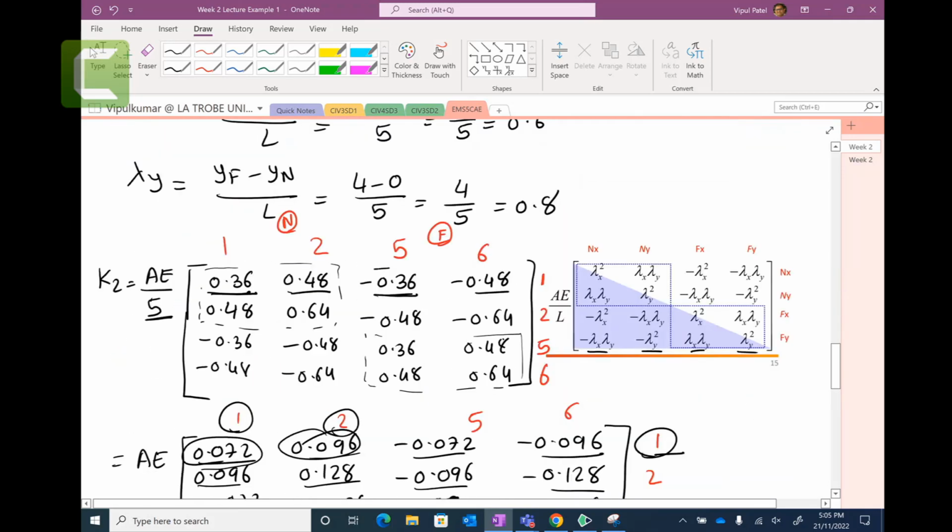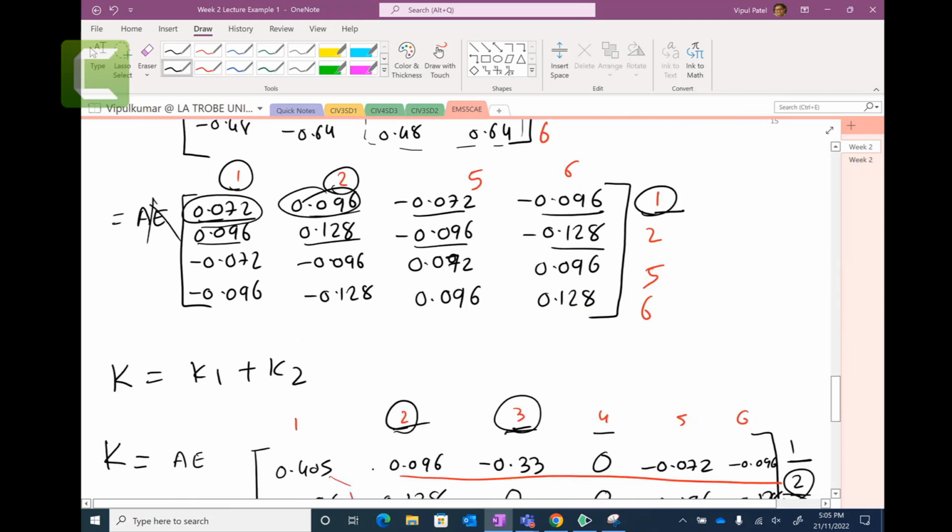Similarly, you cancel this E, you get another 4 by 4 multiplied by the area, and then you add them together. Narayan, is it possible if you have different areas, A1 and A2? Yes, it is possible. Just keep the constant; if there is a different E, you multiply everything, A and E, and you get K1 and K2 separately, and then you add them together in the capital K.